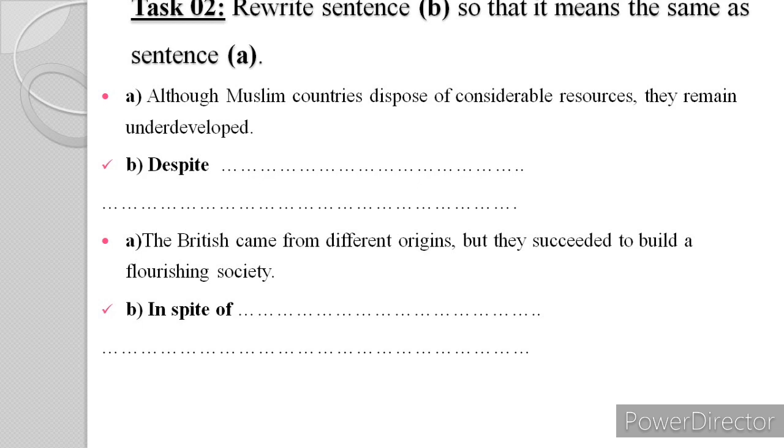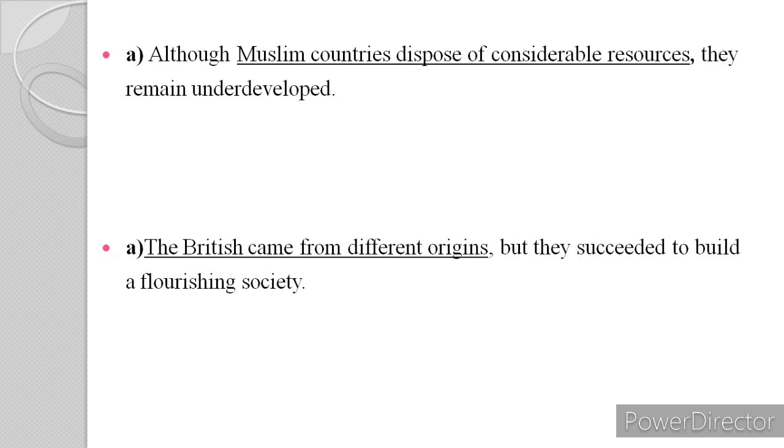In the first sentence use despite, and in the second sentence use in spite of. You have two sentences; read them well and see how to change their meaning to start them with the two connectors. Okay, so let's start with the first sentence.